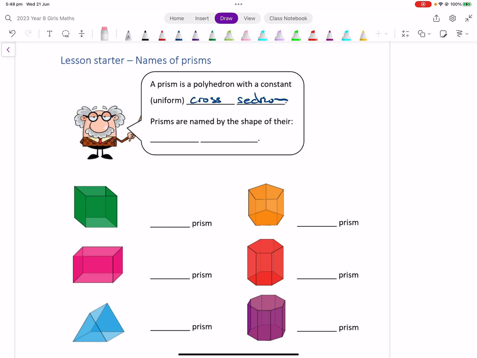Hopefully that made sense. So in the case of, for example, this green cube here, we slice him off. We look down and we see a shape, and it's the same shape we saw when we looked from the top of the cube. We slice this guy in half. We look from the top, and it's a rectangle.